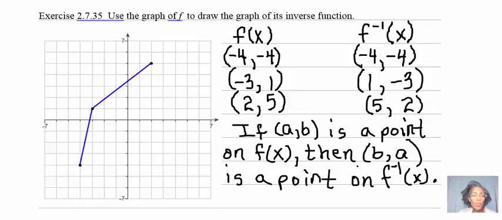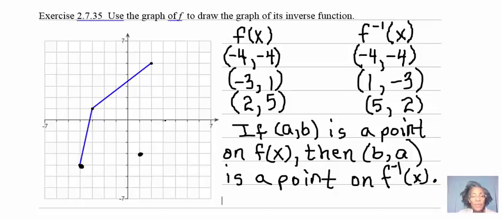So we basically know that negative 4, negative 4 is a point on f inverse. 1, negative 3 is a point on f inverse.